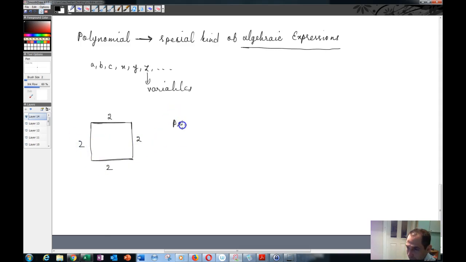Now the perimeter of this square is going to be 2 plus 2 plus 2 plus 2, which is equal to 8 units.